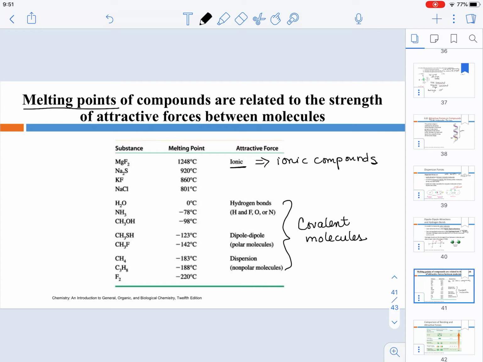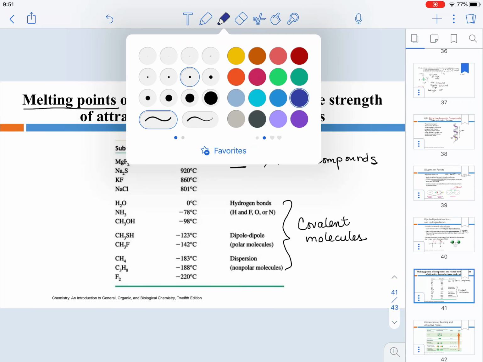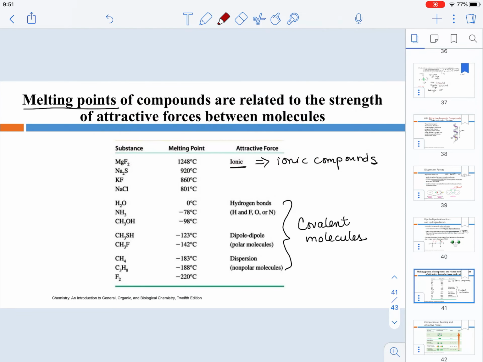So if I'm trying to look at the trend in terms of strength, the attractive forces strength are going to increase as I move from dispersion to ionic. And as you can see here, the melting point also is increasing from things that are nonpolar all the way to ionic.